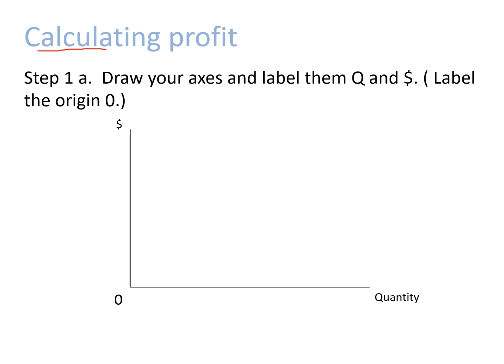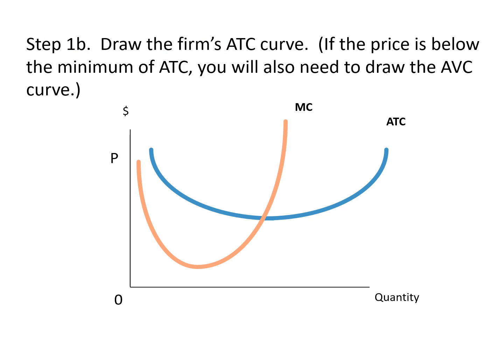Now, if we show these curves on a graph, we can show how we can calculate the profit that the firm will generate. So we start by drawing the axes, the quantity axis and the price axis. We then draw the firm's average total cost curve. That's this curve here. And remember that it will be at a minimum where the marginal cost intersects with that curve.